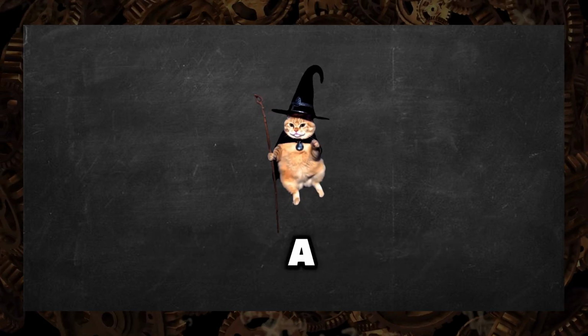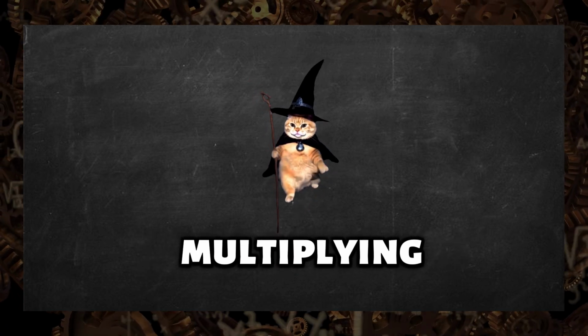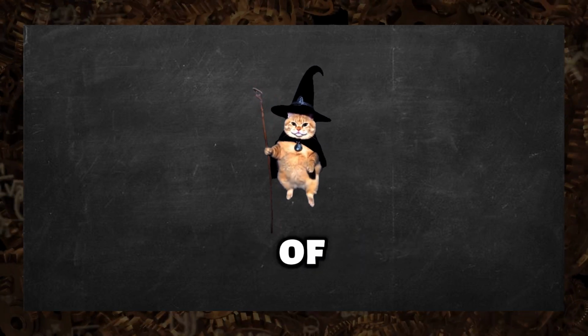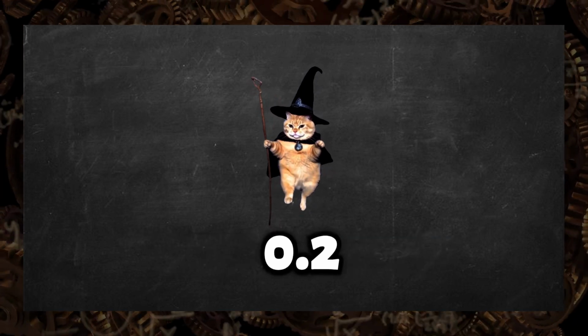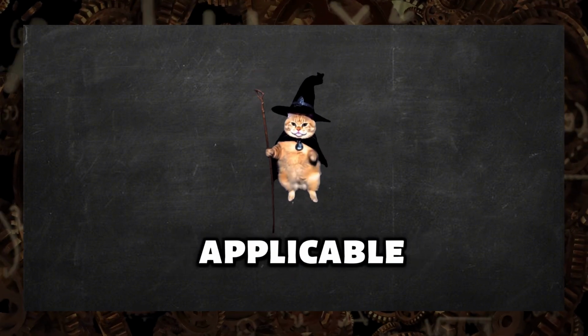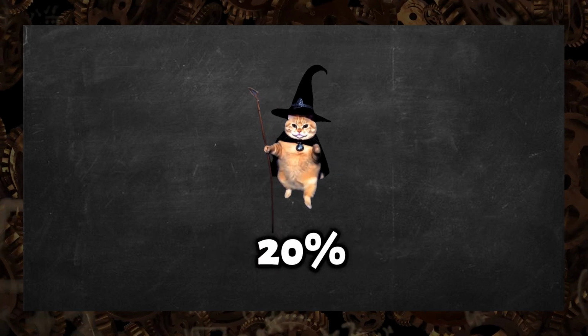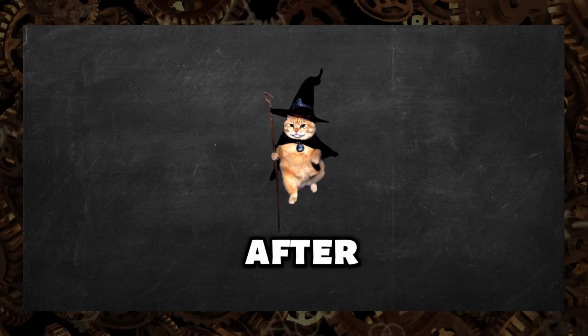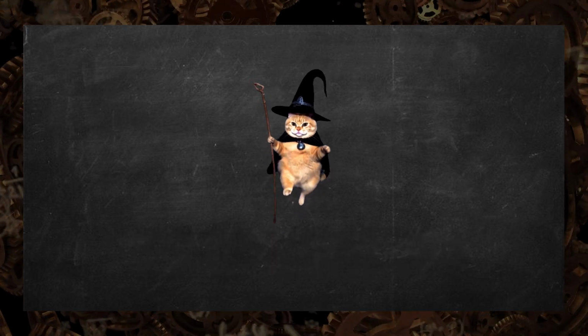Finding a percentage of a quantity involves multiplying the decimal equivalent by the whole, like 20% of 80 calculated as 0.2 times 80 yielding 16, applicable to discounts where a 20% reduction on $80 leaves 64 after subtracting 16.